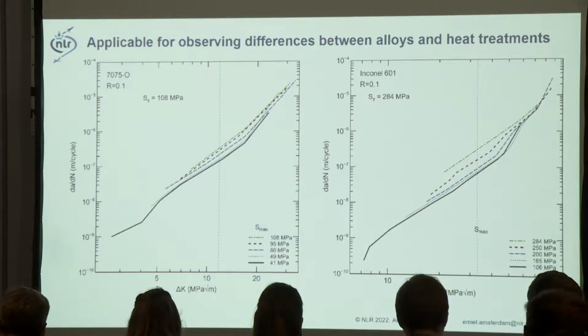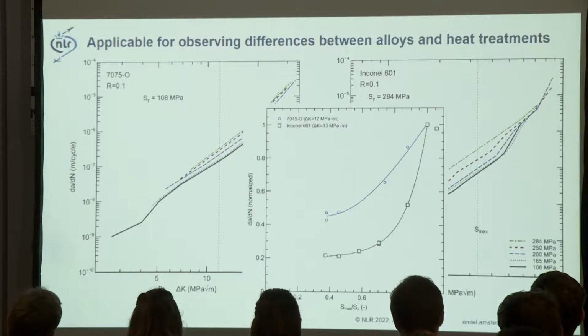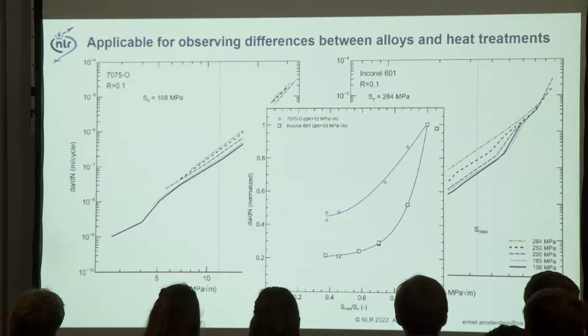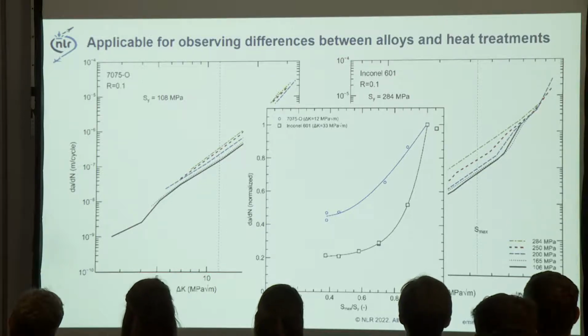Similarly for Inconel 601, you see an effect, and the effect increases if you approach the yield stress. So here you can see in this graph, the ratio of the maximum stress to the yield stress on the horizontal axis, and the crack growth rate for the 7075 annealed material at 12 megapascal square root meter, and for the Inconel 601 at 33 megapascal square root meter.